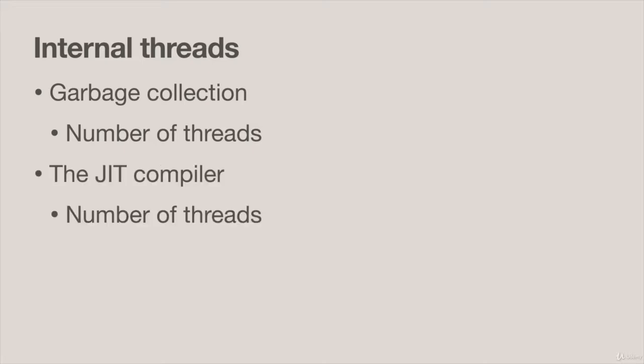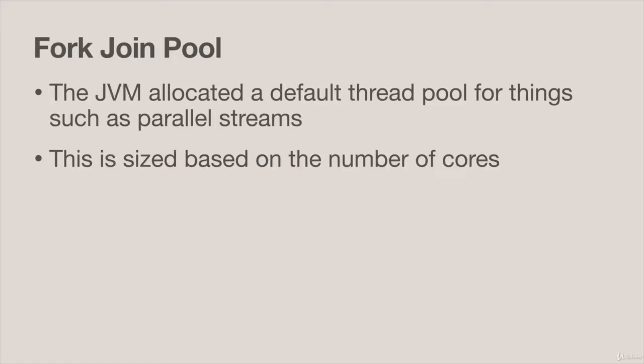The other is the just-in-time compiler. As your Java application warms up and starts to compile code to native code, it does that with a number of threads, and that's based off the number of cores. Next is the fork join pool. This is a work stealing executor, and maybe you don't use the fork join pool directly, but there's one set up by default in the JVM, and it will run things like parallel streams if you use Java 8 streams.